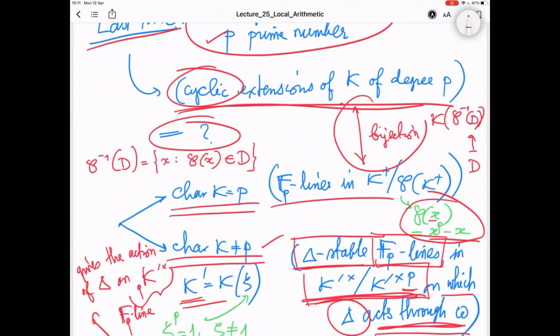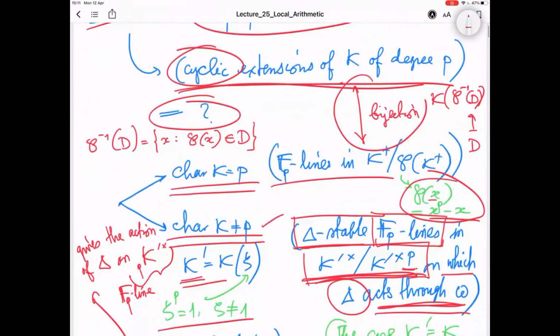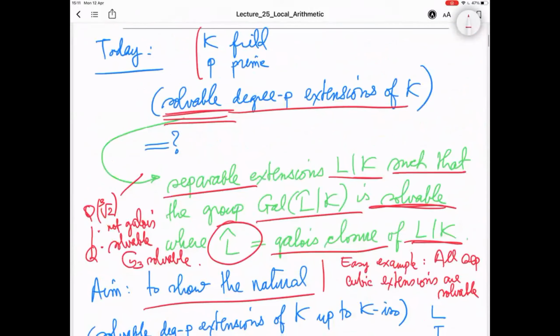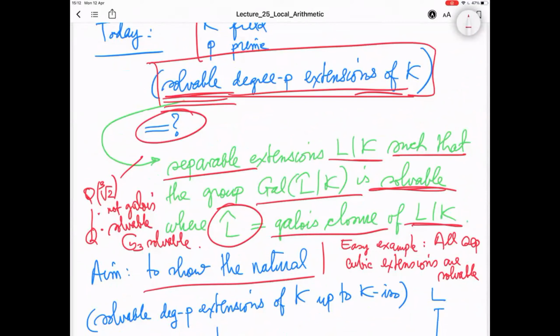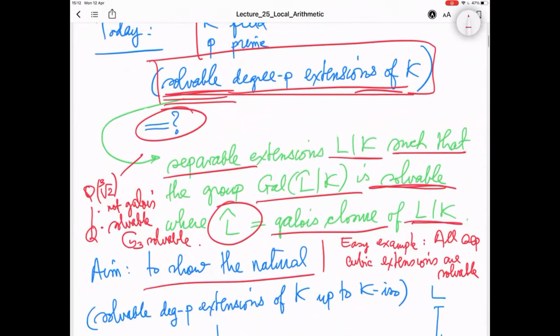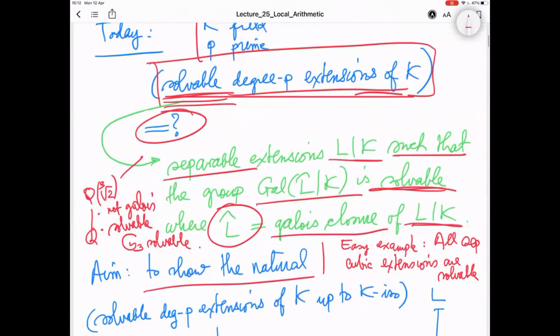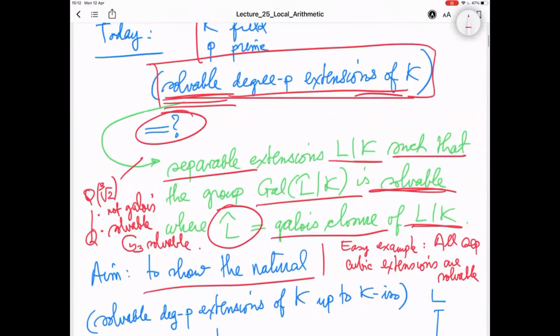And if you give a bijection of an unknown set with a known set, of course, we have determined what that unknown set is. So today, we are going to give a bijection of this unknown set of all soluble extensions of degree p of our field K with what? That will take some explaining. I'll explain what with what. So that's the aim of today's lecture.